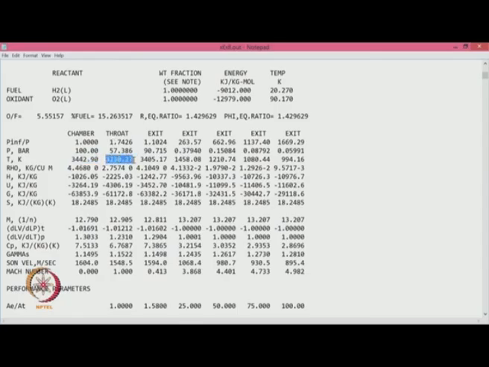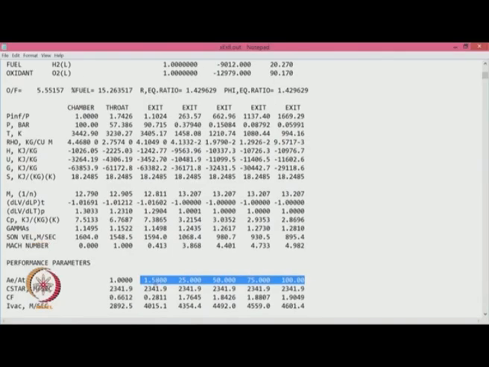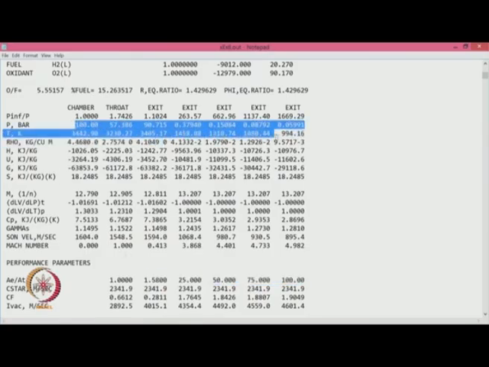As the flow expands, the temperature drops, and so does the pressure. Further, as you go to different area ratios, which are given here, this is AE by AT. If you use a 68 AE by AT, then 1.58, 25, 50, 75 and 100, you can see that both temperatures and pressures keep dropping after the chamber depending on the area ratio.